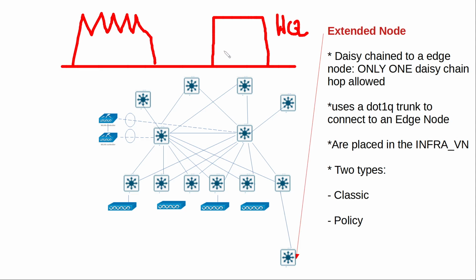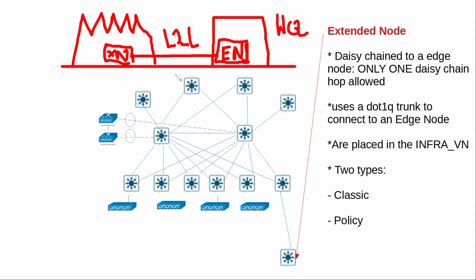And in order to do so, you will have to use one of your edge nodes and connect through fiber an extended node to this edge node. You might want to, in this case, use a carrier that might provide you a LAN-to-LAN connection from here to here.